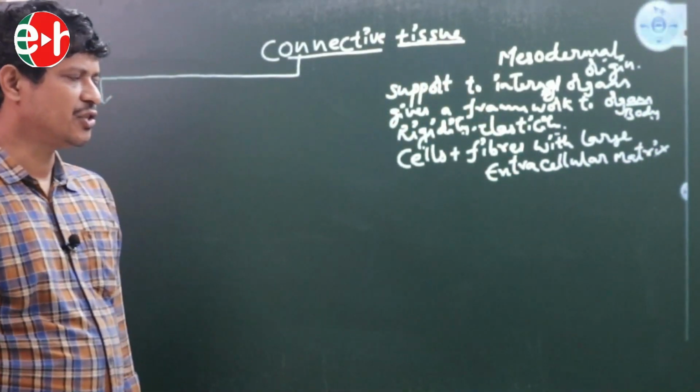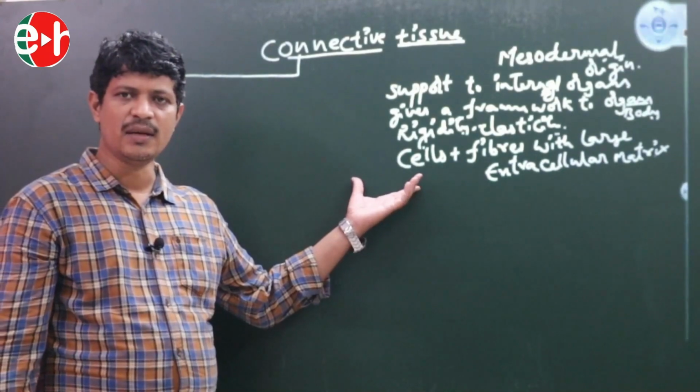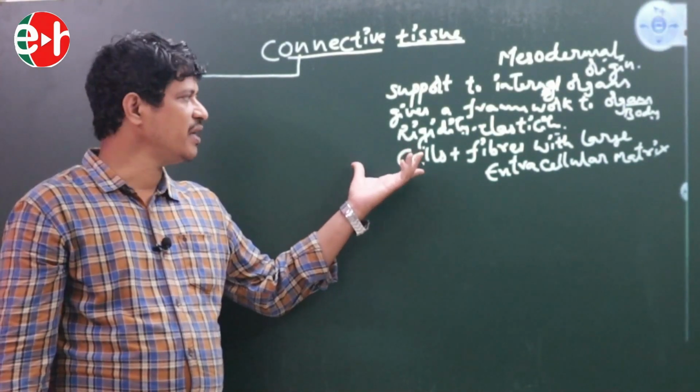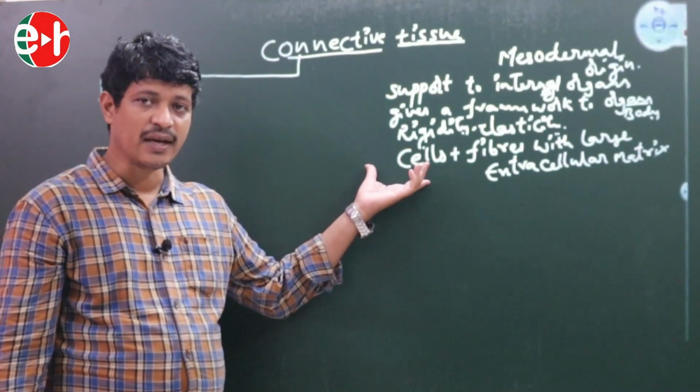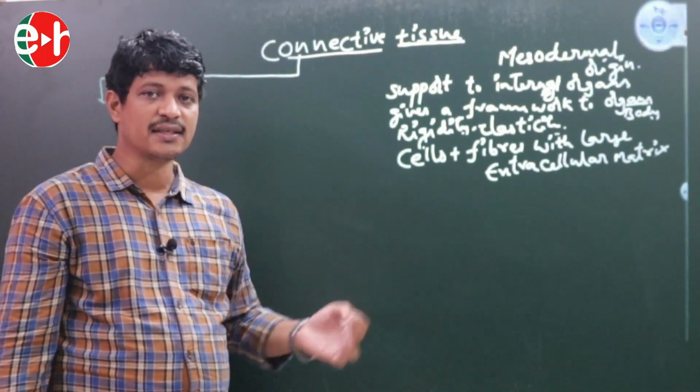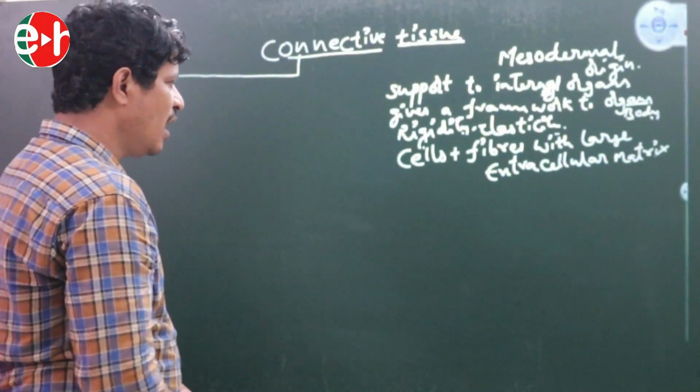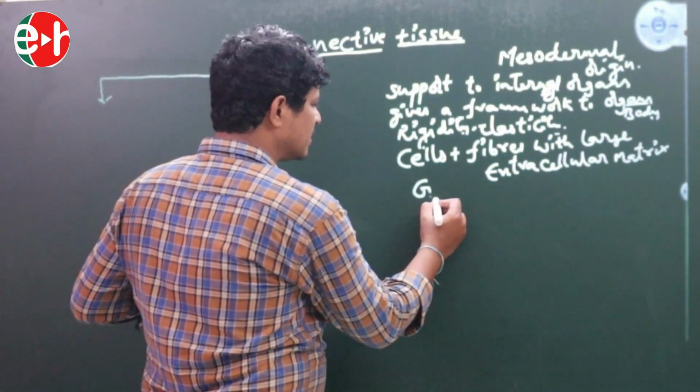See, in epithelial tissue the extracellular matrix is absent, whereas connective tissue contains cells with fibers with a large extracellular matrix and ground substance.